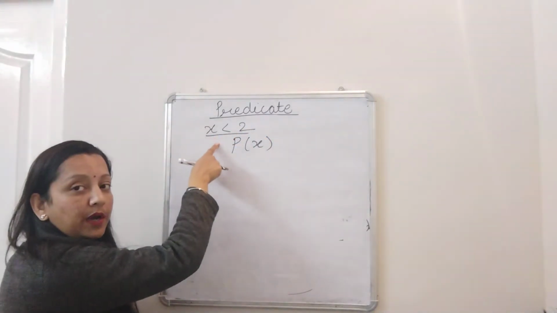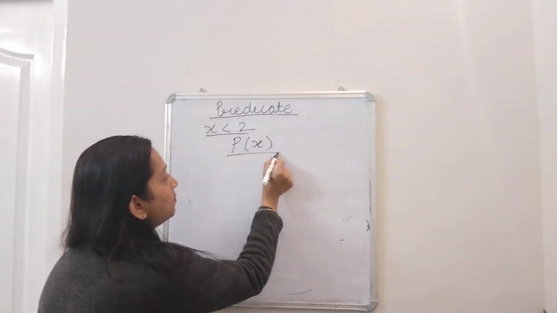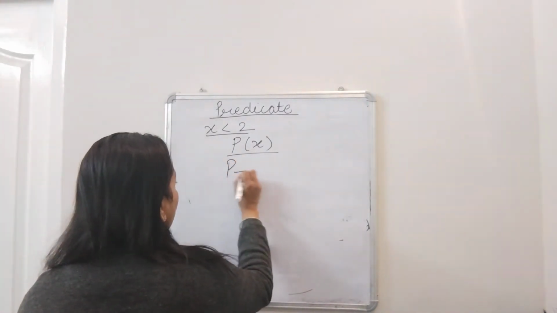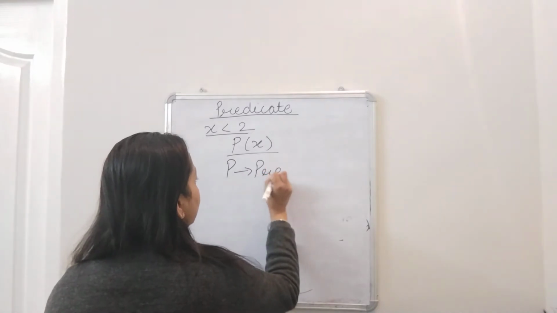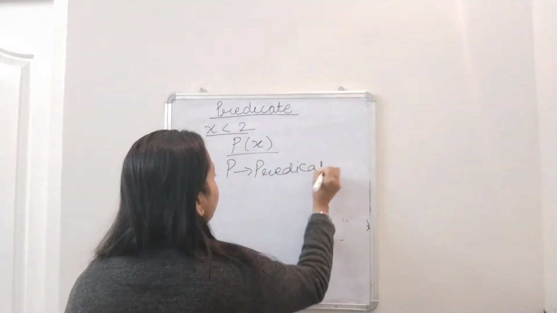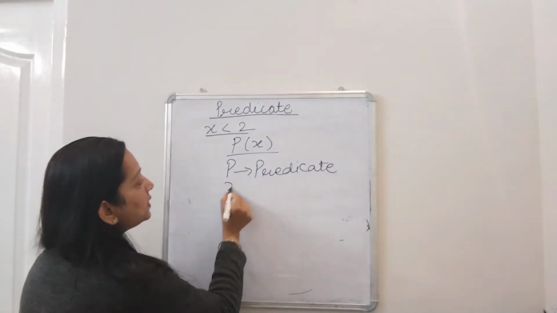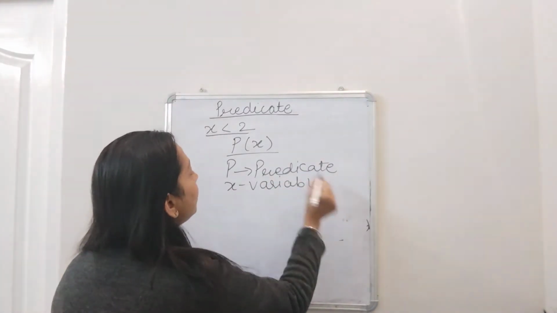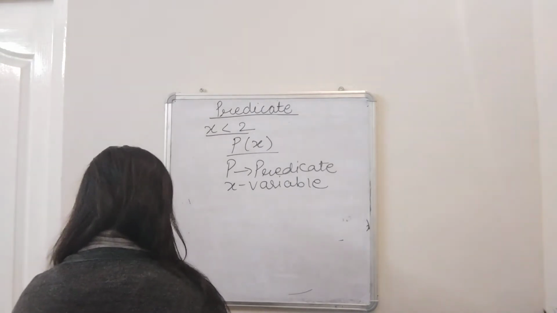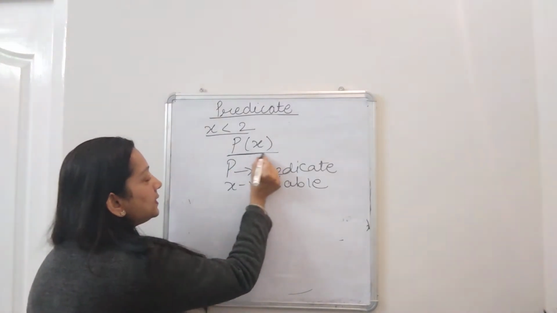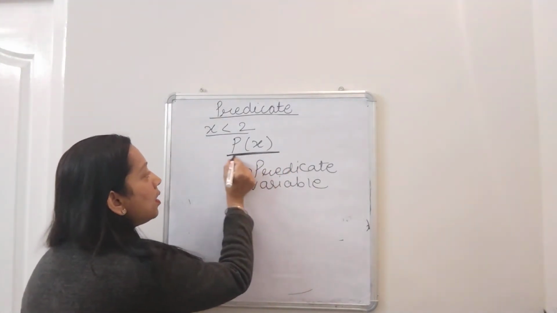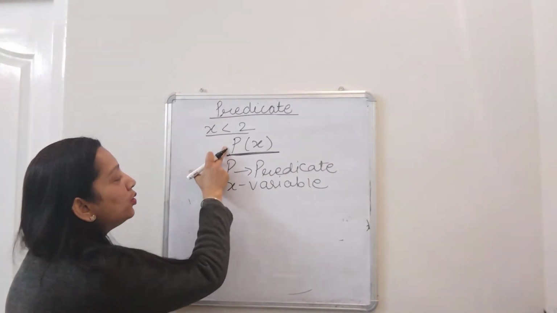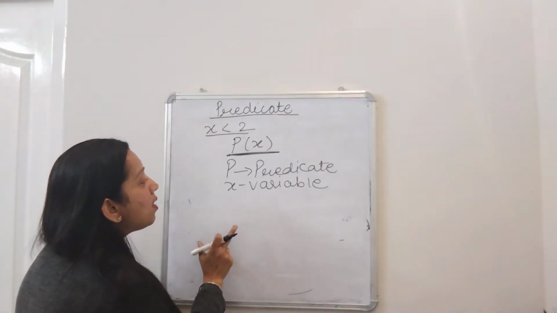I can denote this predicate, x is less than 2, by this symbol p of x, where p denotes the predicate and x denotes the variable. So I can clearly see that this looks like a function, where p denotes the predicate and x denotes the variable.